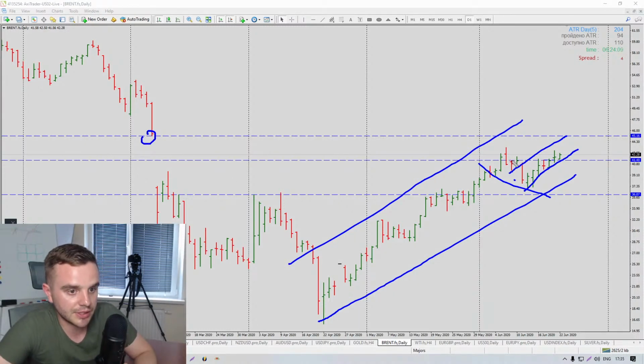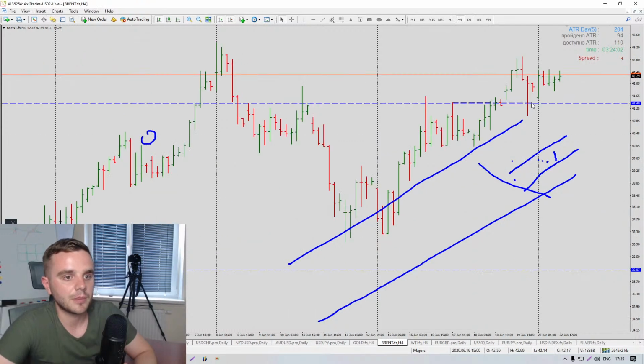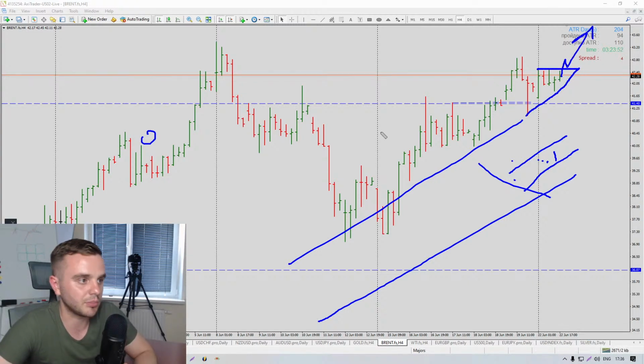Because as you can see, even here, from this point, price bounced it so many times, but still made a pullback here. Made a pullback and still rose up. And at this moment, as you can see, we have this local triangle, and breakout of this triangle will create an up rise, up entry.